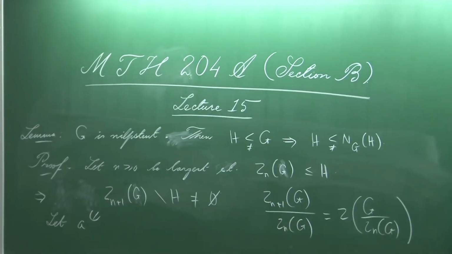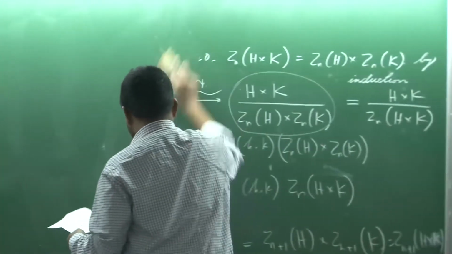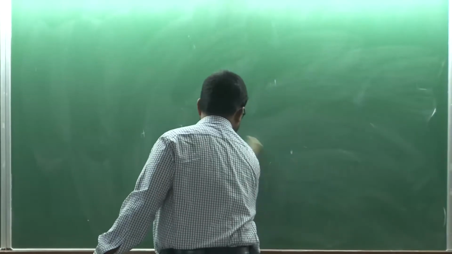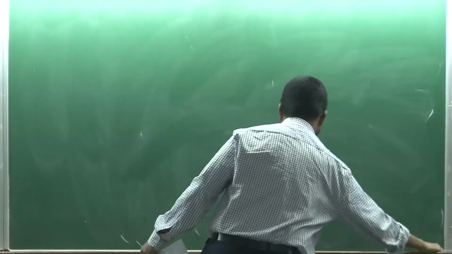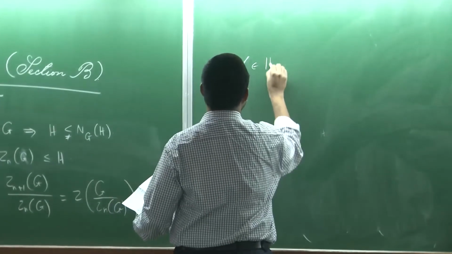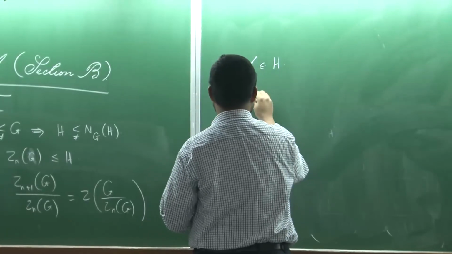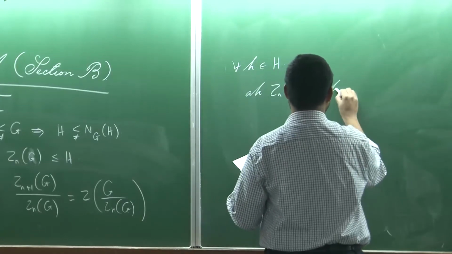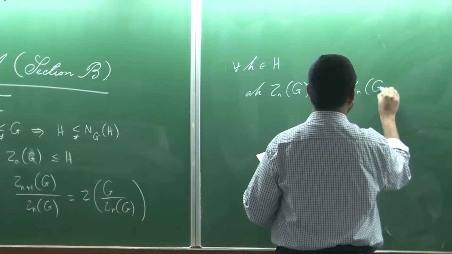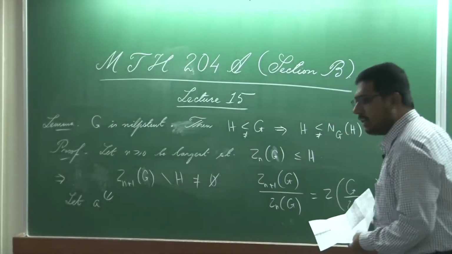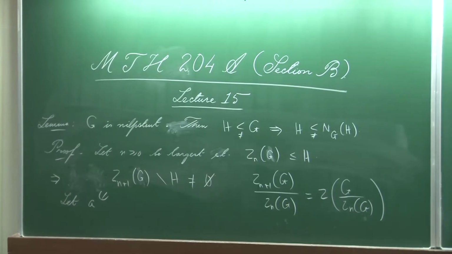Therefore we have the following. So therefore for every h in H, one must have that AhZ_nG is the same as hAZ_nG, because AZ_nG is in the center of G modulo Z_nG.